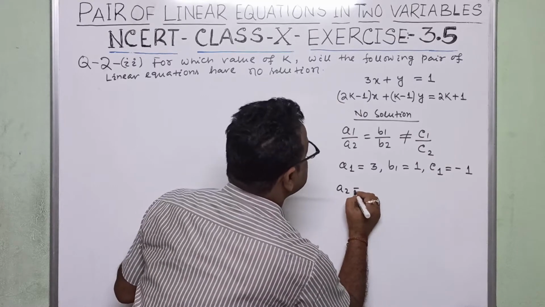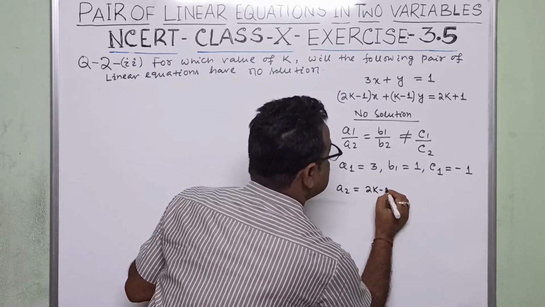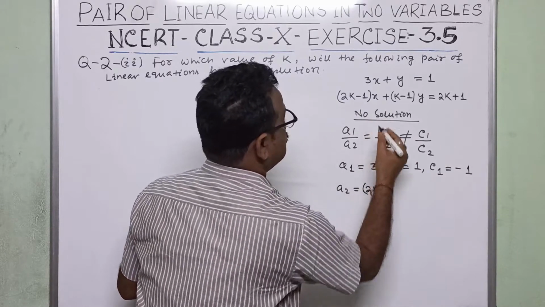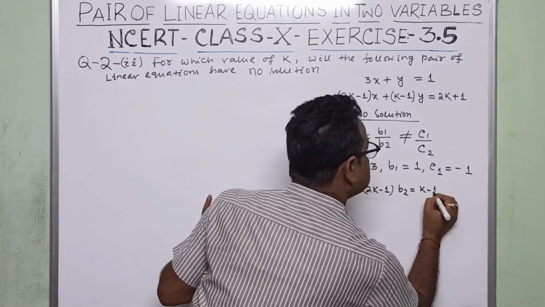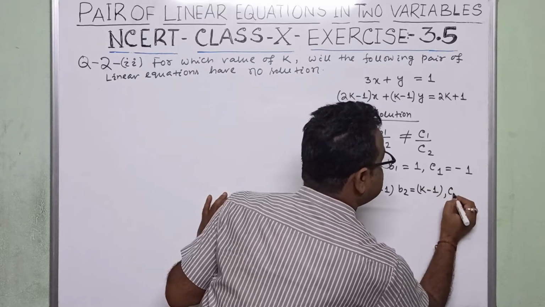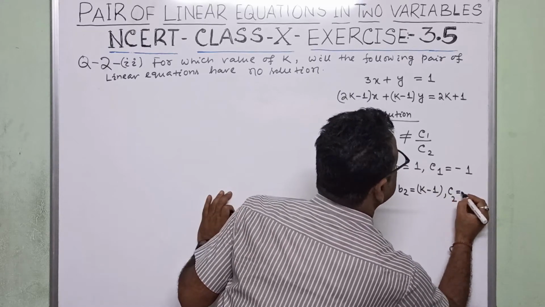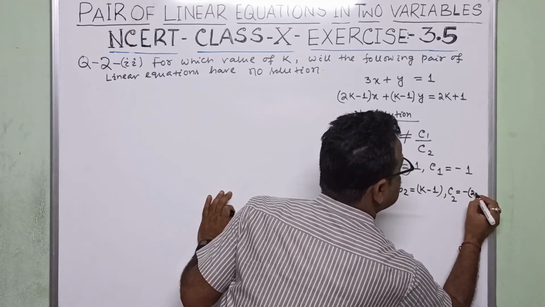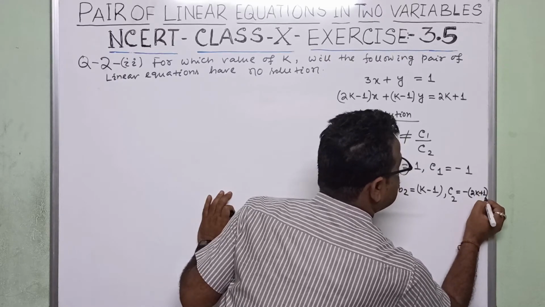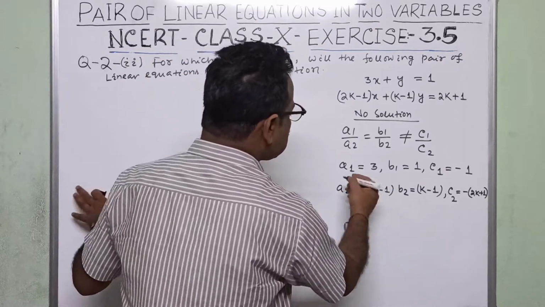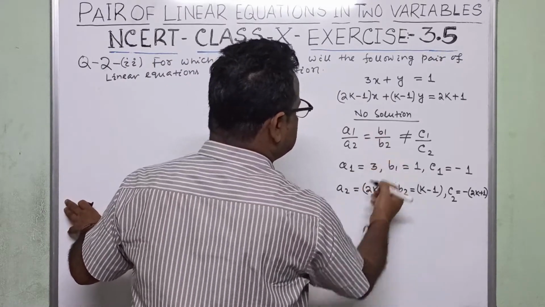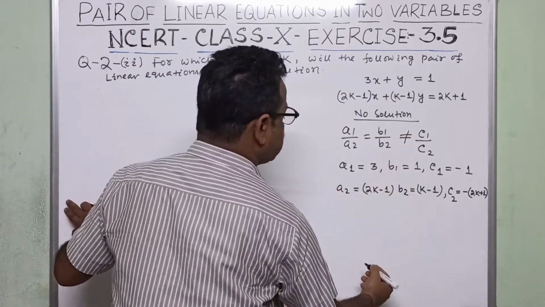Now a2 is equal to 2k minus 1, b2 is equal to k minus 1, and c2 is equal to minus 2k plus 1. Now here we have two conditions: a1 by a2 is equal to b1 by b2 and not equal to c1 by c2.